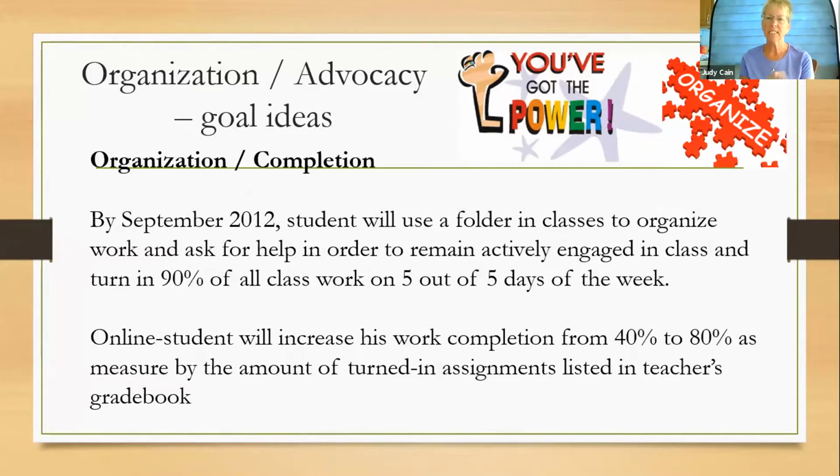So these kinds of things, the organization, the advocacy, the work completion, those are goals that you can put in there that are not as difficult for kids to attain, and may really help them be successful, especially if they are on grade level. They just might not be able to do some of these soft skill type things.